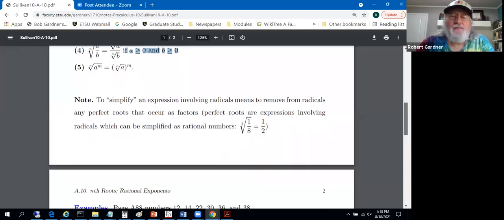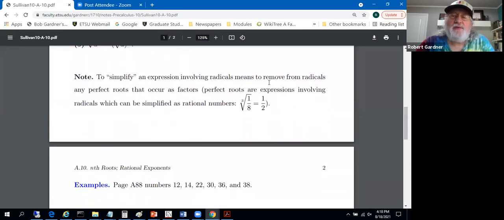To simplify an expression involving radicals means to remove the radicals for any perfect roots that occur as factors, or things of this sort. If we had the cube root of 1/8, that simplifies to 1/2, we got rid of the radical. 1/2 cubed is 1/8, so the cube root of 1/8 is 1/2.